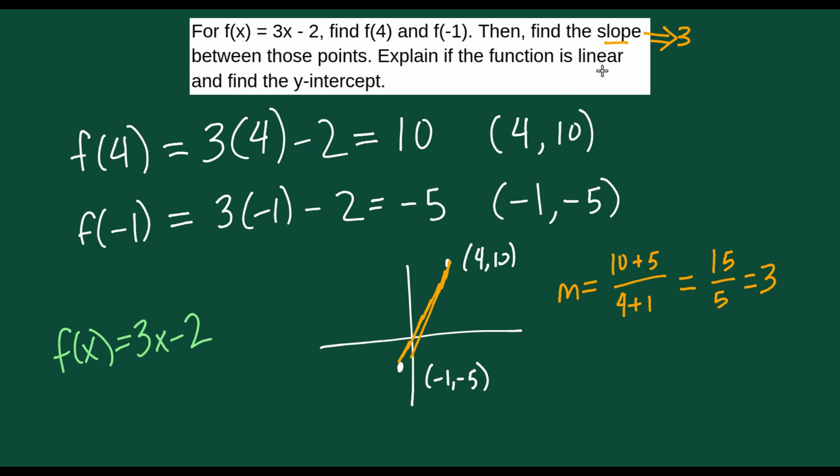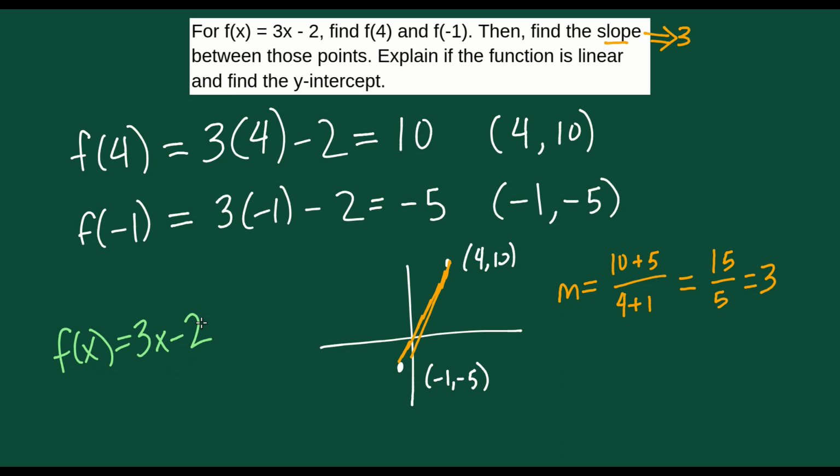Well, if a function is linear, it just means for every additional unit of x, we are moving in the same slope, same direction. You know, if it's a positive slope, we're going up the same amount and right the same amount. So for us, if our slope is simply 3, which is what we figured out, that is going to be a linear function.